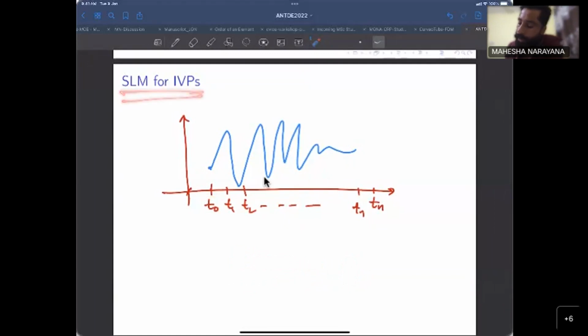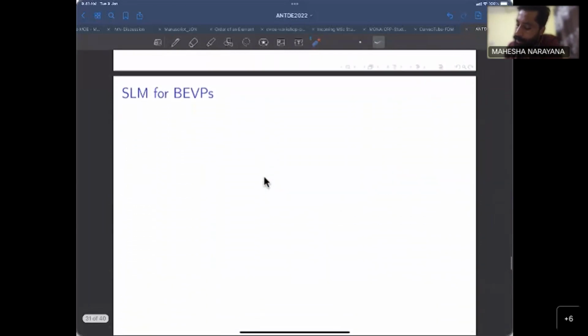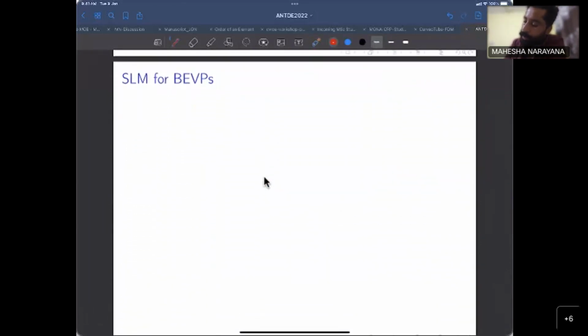And for handling the boundary eigenvalue problem, let's take a problem of this kind: d square y by dt square plus lambda y equals 0, with y of 0 equals 0 and y of b equals 0.